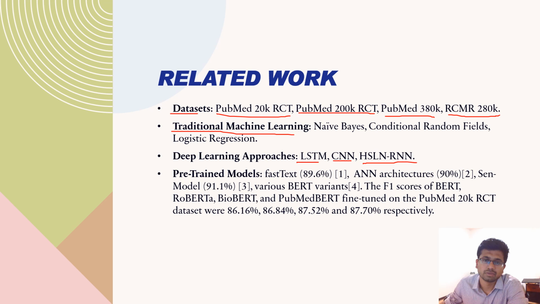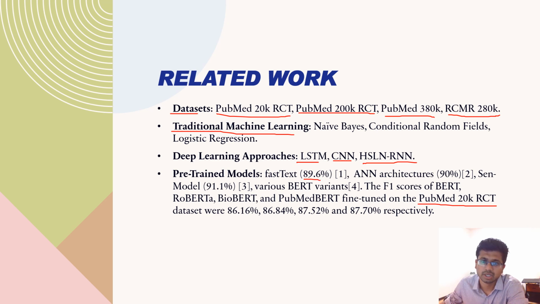Again, with the introduction of pre-trained language models, since they are trained on a very wide corpus and give context-aware representation, they improved the state of the art. If we talk about the results that pre-trained models have got over the PubMed 20K RCT dataset, the fastest has got an 89.6 F1 score.